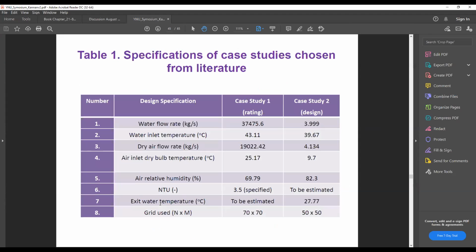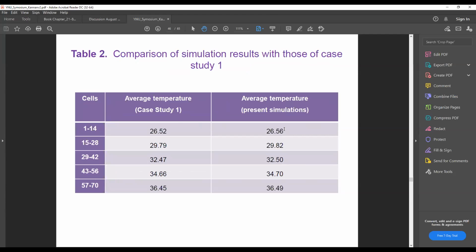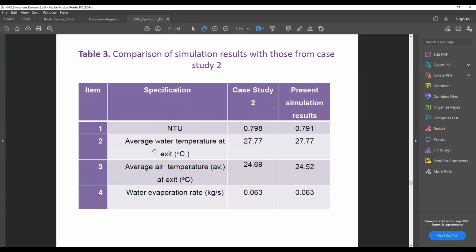So before we use our mathematical model for our field applications, we wanted to make sure that the model is working correctly and it is validated. So we took two different case studies from the literature, and in the first case study, the results were pretty close. And then we took another, independent case study from the literature.